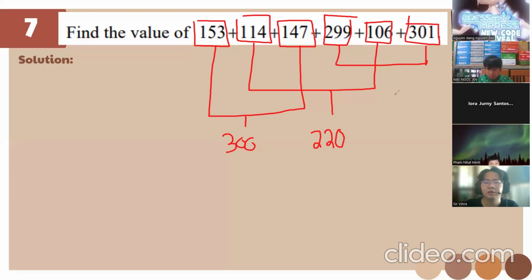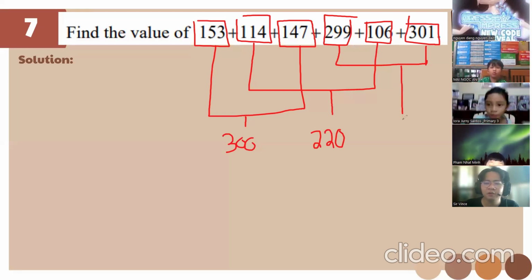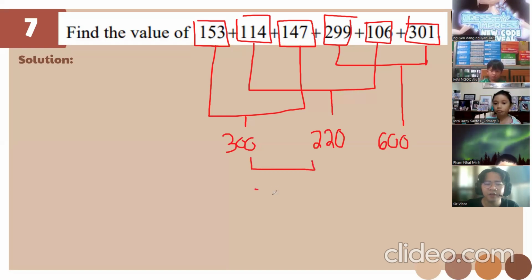Okay. How about 299 plus 301? This one is equal to? 600. Okay. So, if we add this one, we'll have 520 plus 600. Then the answer is 1,120. Okay, very good.